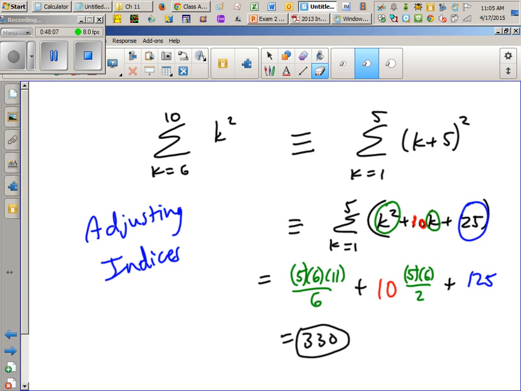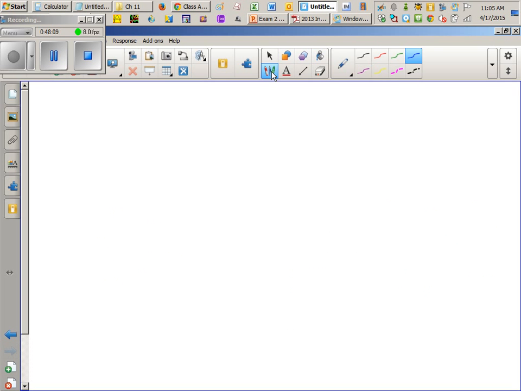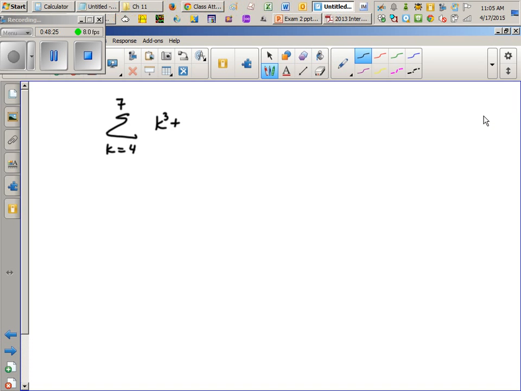Okay, now, try this problem on your own. The sum from k equals 4 to 7 of k cubed minus 3k plus 4.